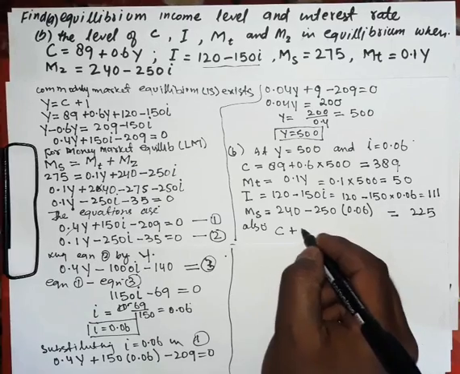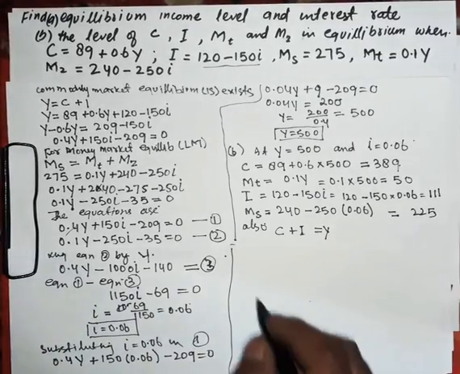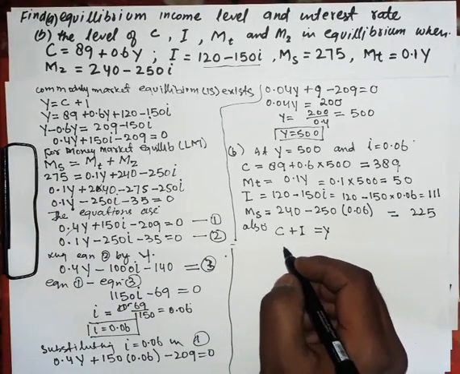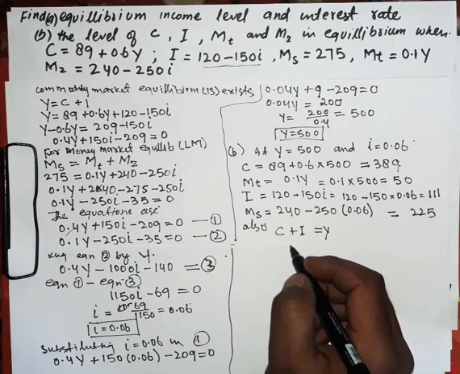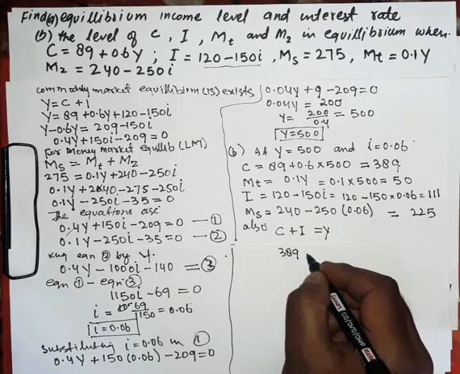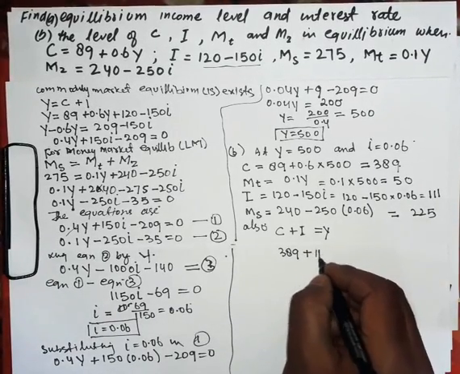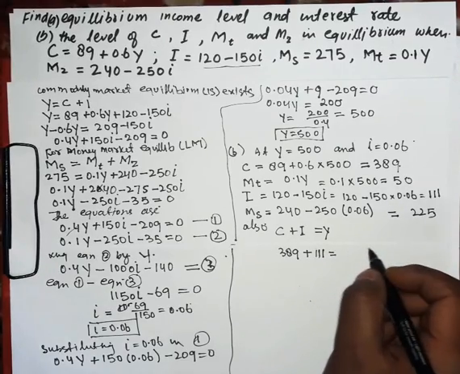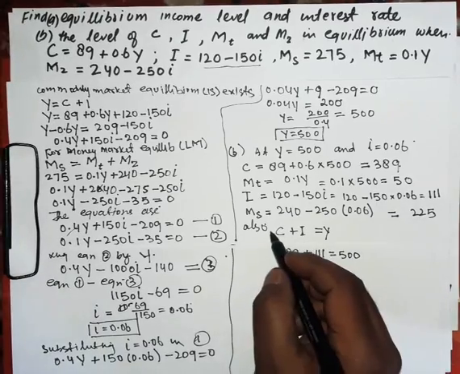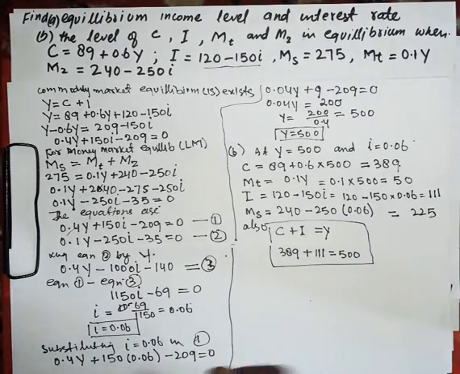Also C plus I is equal to Y. Now C plus I is equal to 389 plus the level of investment 111 equals 500. So this is in equilibrium.